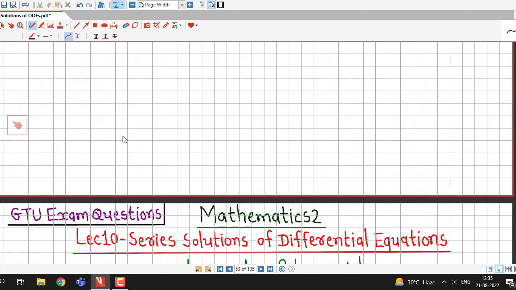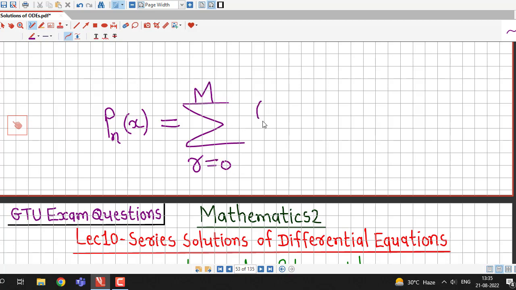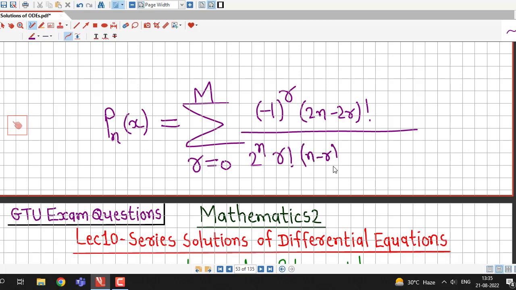If you forgot these expressions, then you can use the formula which we discussed in lecture number 9 to derive the Legendre polynomial of degree n: summation of minus 1 raised to r, times 2n minus 2r factorial, divided by 2 raised to n into r factorial, n minus r factorial, n minus 2r factorial, times x raised to n minus 2r.